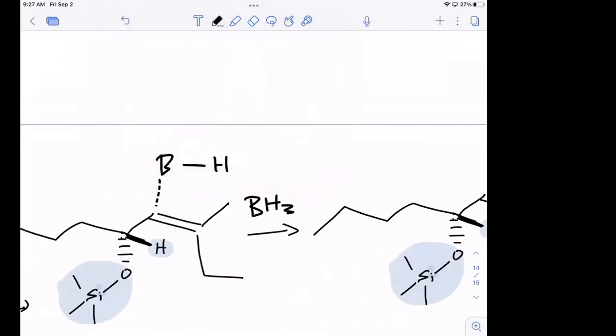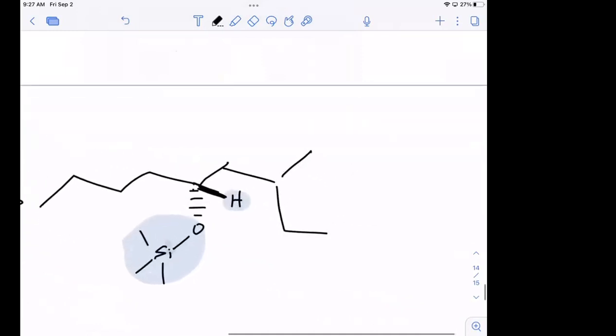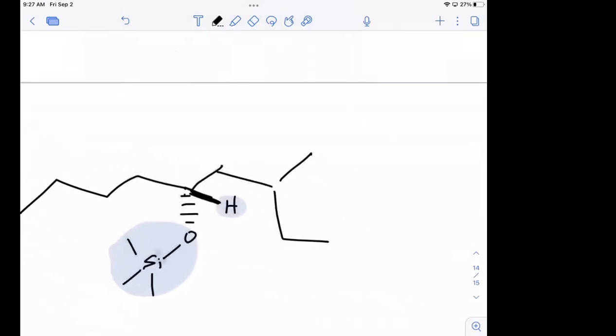It's coming here, and then the electrons in that BH bond are going to come here. So in the transition state, there's going to be a bond here and a bond here.